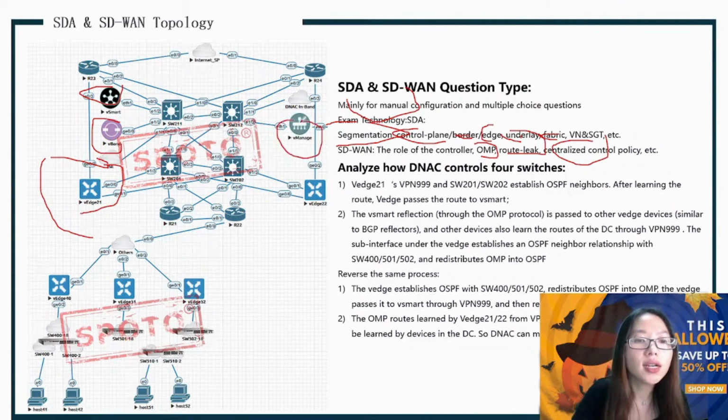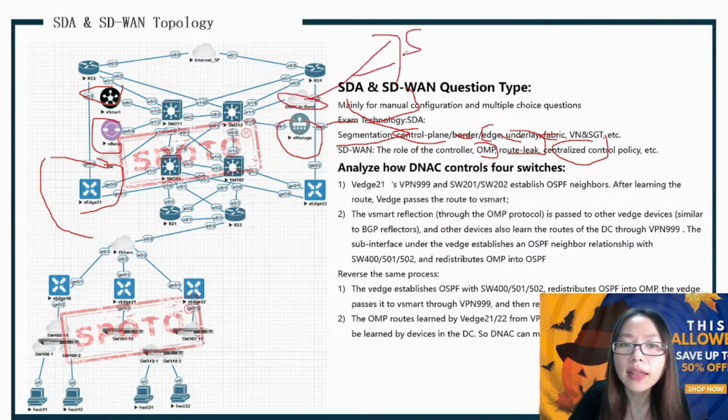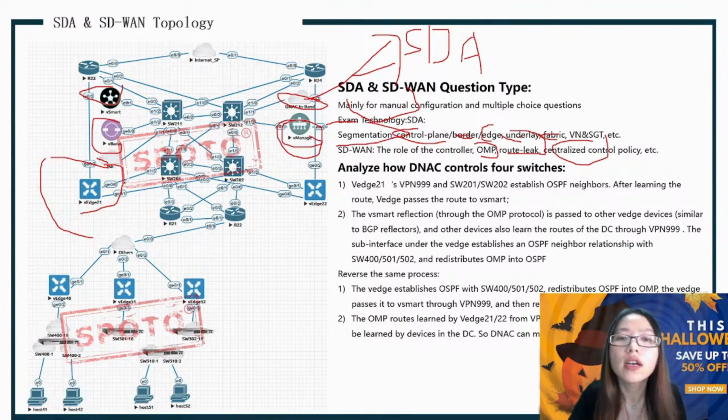The DNA Center belongs to SDA, and we use vManager, vSmart, vBond, and the VH for SD-WAN.